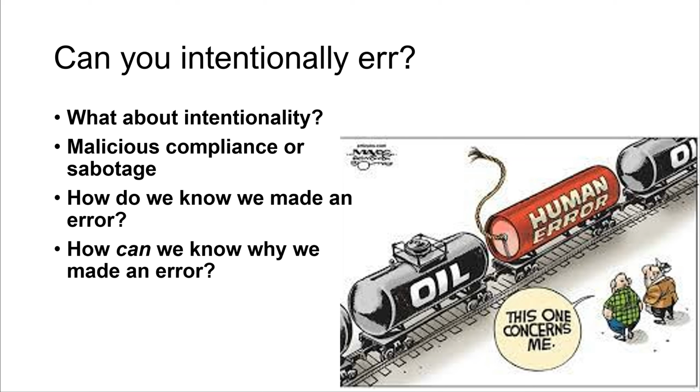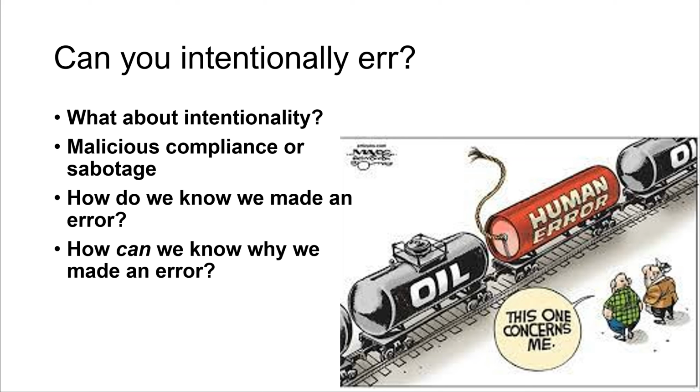It's possible that you cannot intentionally make an error. You can intentionally do the wrong thing, and that's kind of what we get into with malicious compliance or sabotage. But then the two other questions we need to understand are, how do we know we made an error? And how can we know why we made an error? So those are two distinctions.